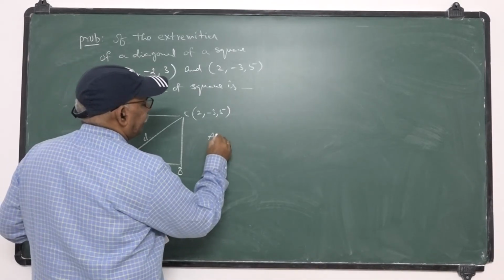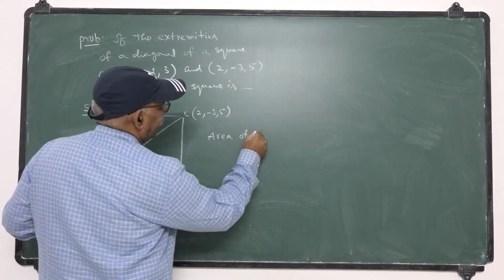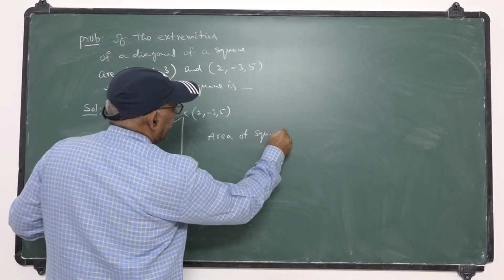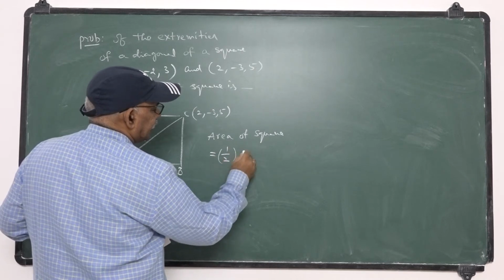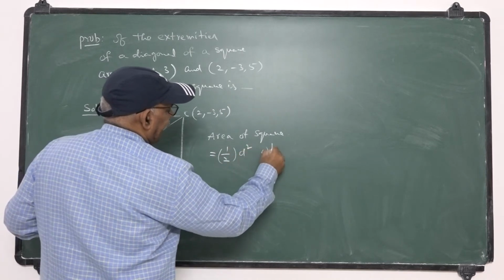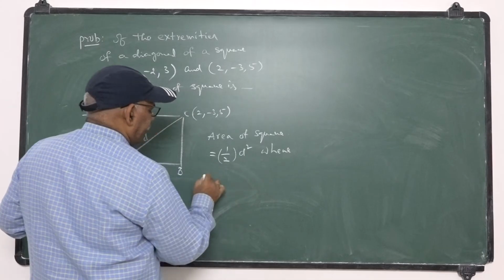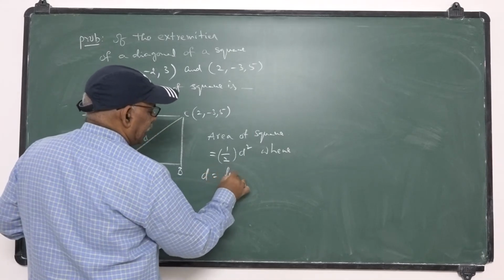So the area of a square for a given diagonal is 1 by 2 D square, where D is the length of the diagonal.